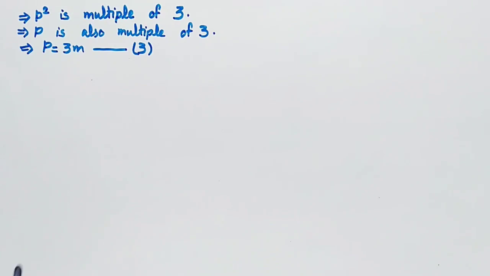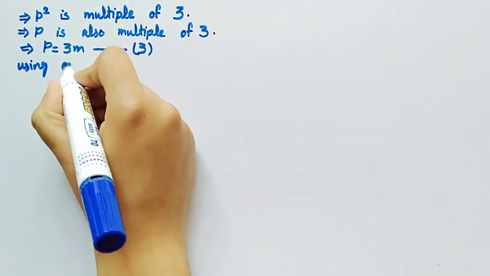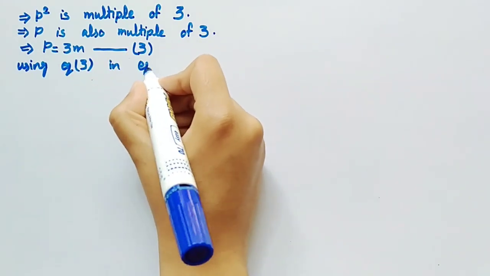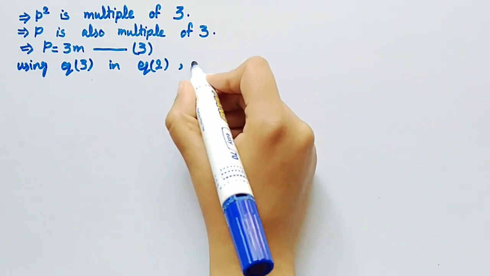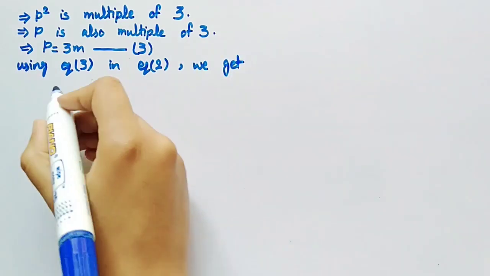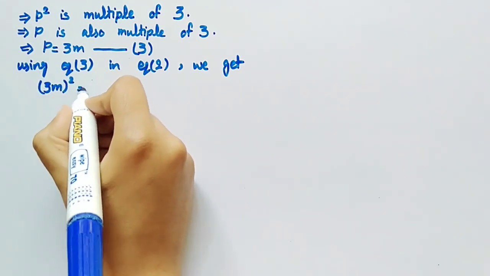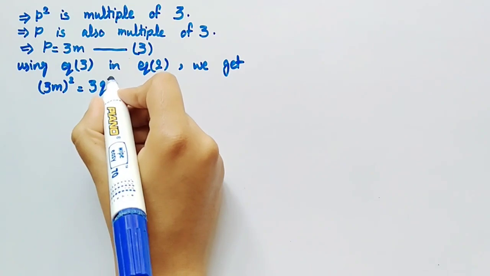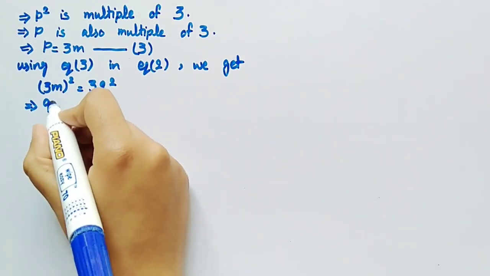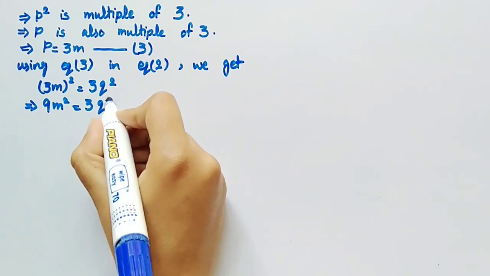Now by using equation 3 in equation 2, we get 3m whole square is equal to 3q square, which can be written as 9m square is equal to 3q square.